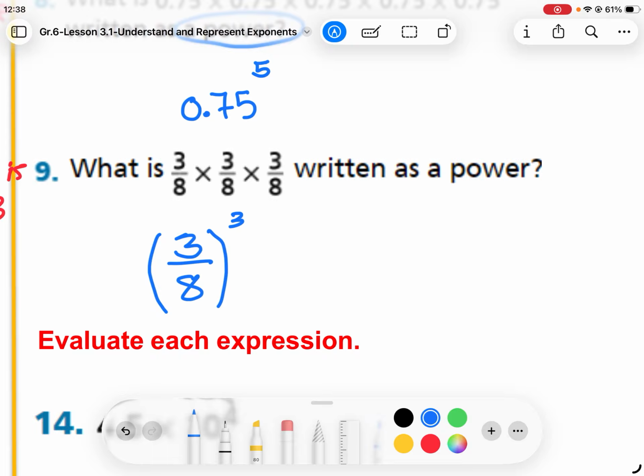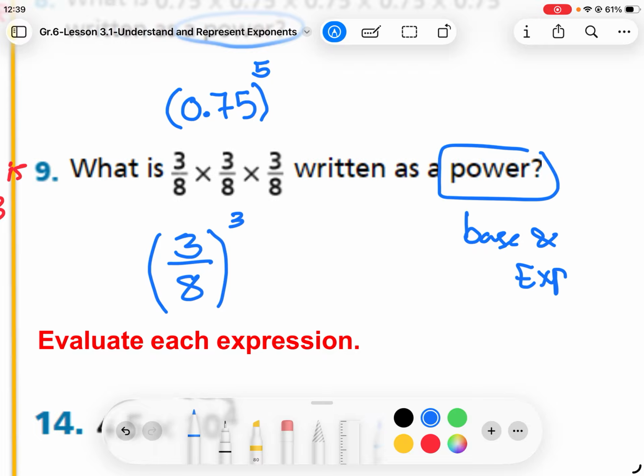The 3 is actually for both, for 3 and for 8, for the whole fraction. Okay? And here the same thing. It's better to put it between parentheses. If you wish to. If you don't, you can write it clearly, then that's okay. Okay, guys? So this is how you write it as a power. Power means we want base and exponent. Please, it's an easy question. Don't get it wrong in exam.